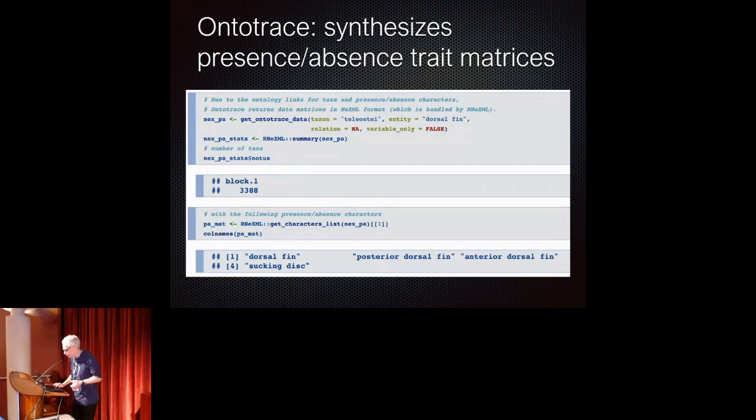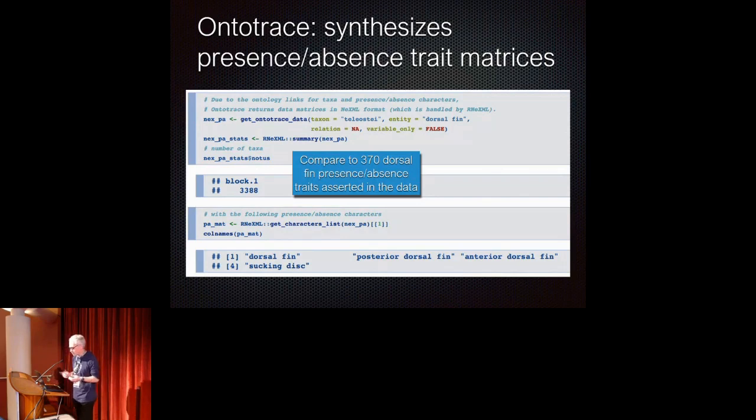And that returns almost 3,400 taxa, whereas originally annotated presence-absence for dorsal fin only covered 370, right? So it almost increased my coverage of taxa by a factor of 10, right?